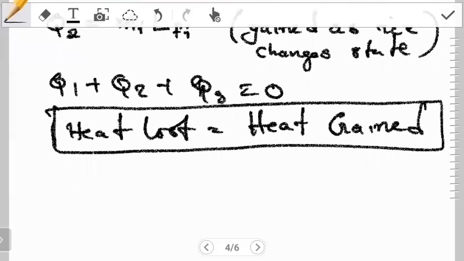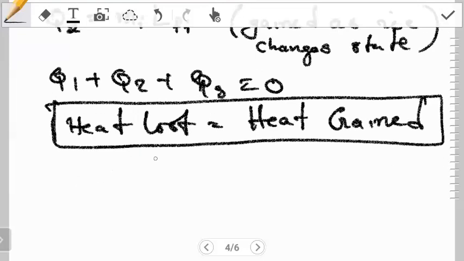So of course, what is lost? We notice that the water loses. So Q water loses, and that is equal to Q1 for the ice during the increase in temperature plus the one gained by the ice during change of state.